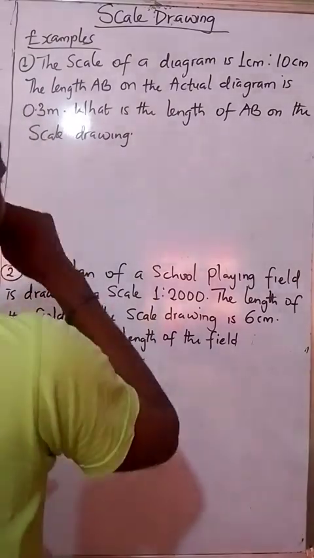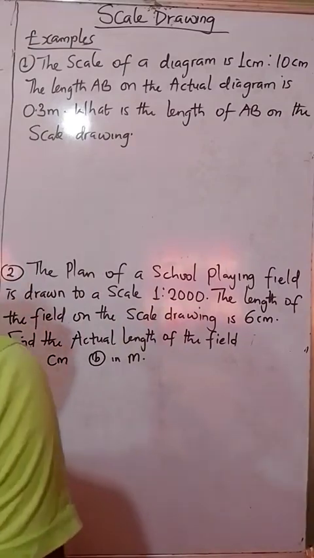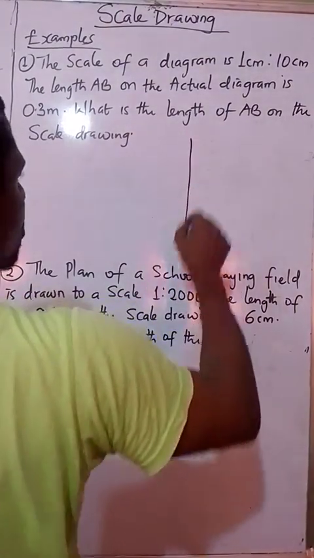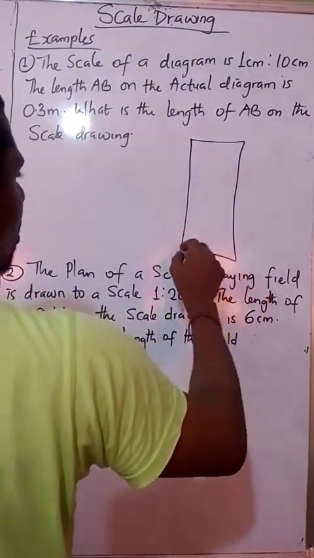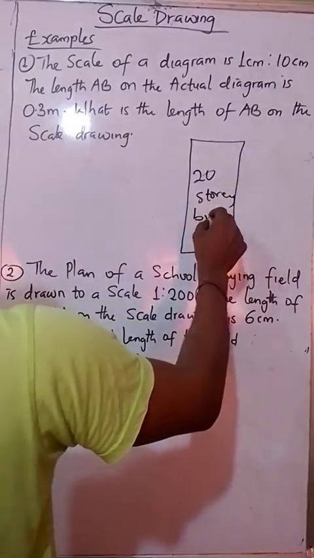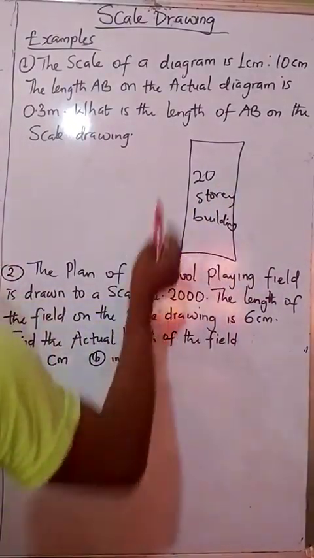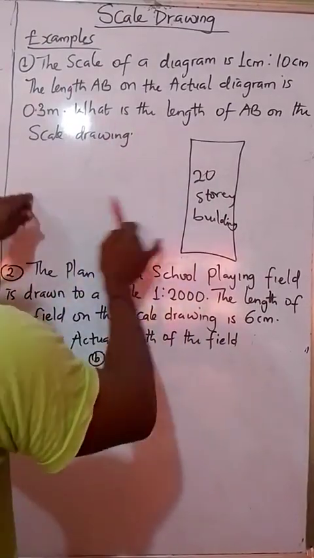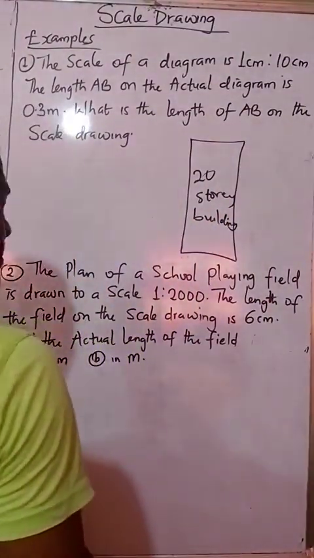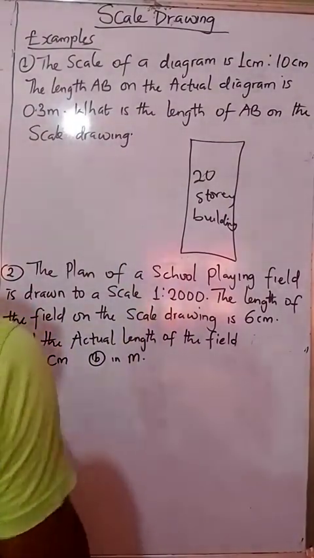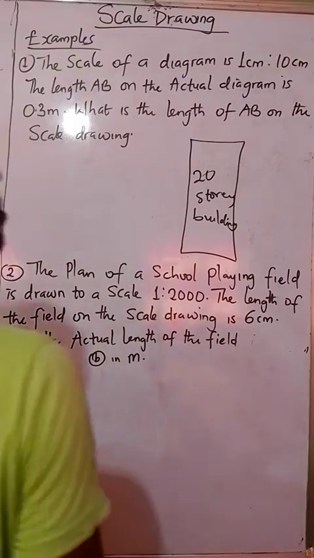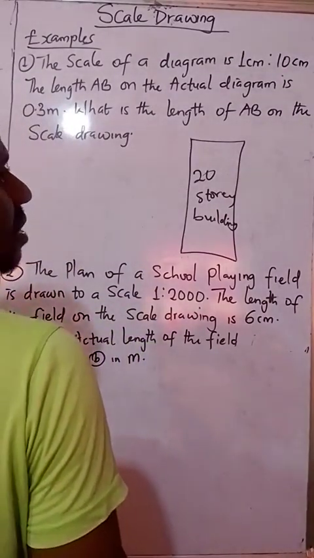For example, if you are asked to draw a skyscraper or 20-story building on a plain sheet, I'm sure the height of the 20-story building can be up to 200 meters.